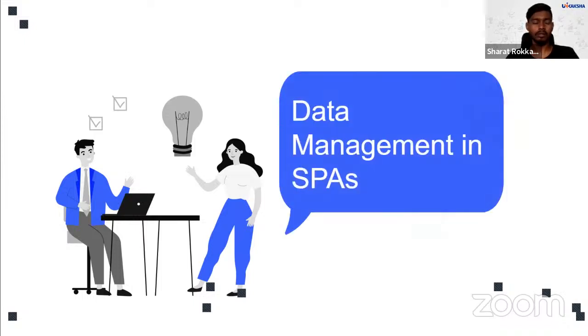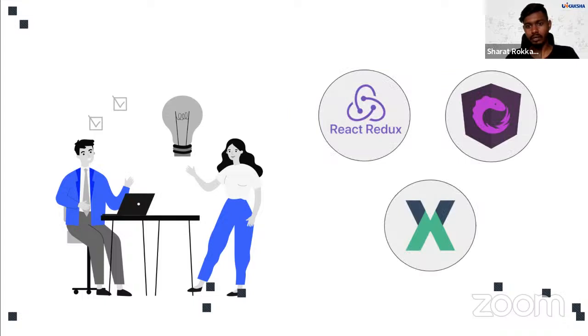And some are also given inbuilt to the libraries as well, right? So to name them, there are a few that are visible on your screens right now. For React, we have this library called Redux, which we will be able to use to manage our data efficiently, right?